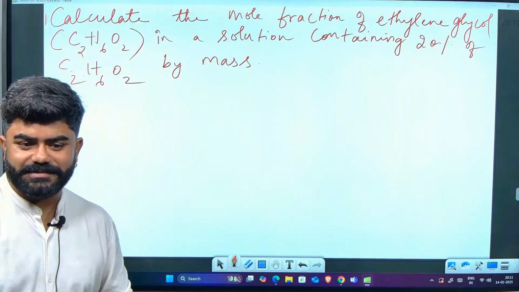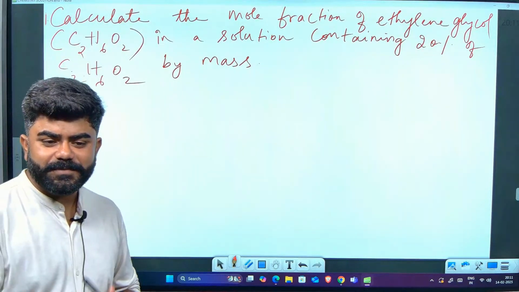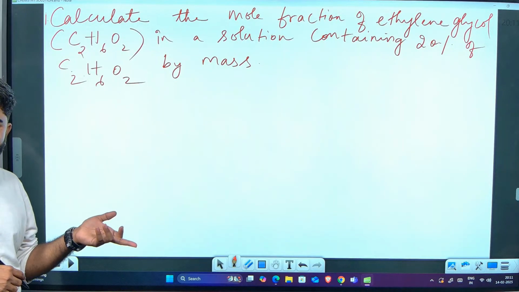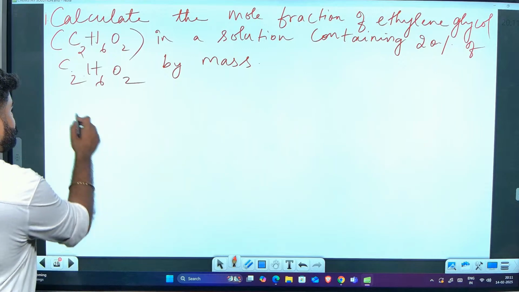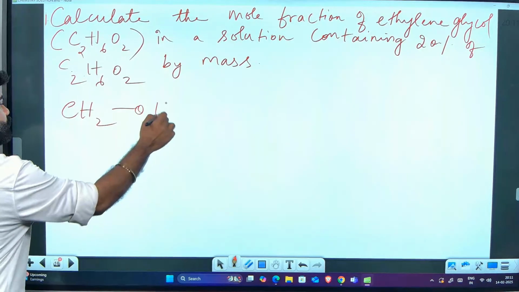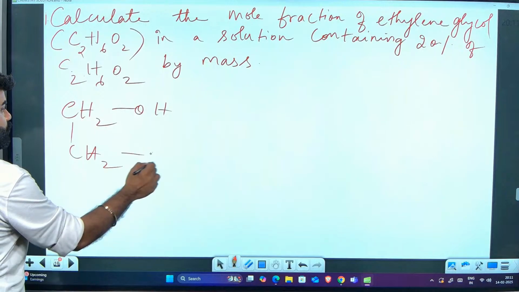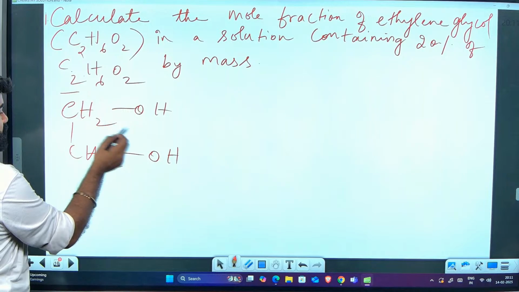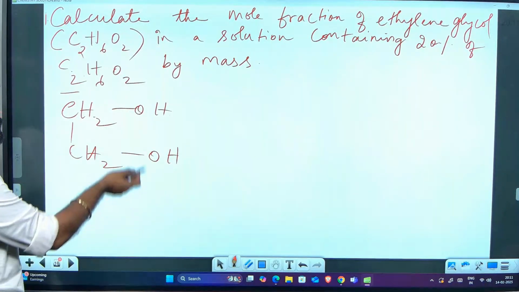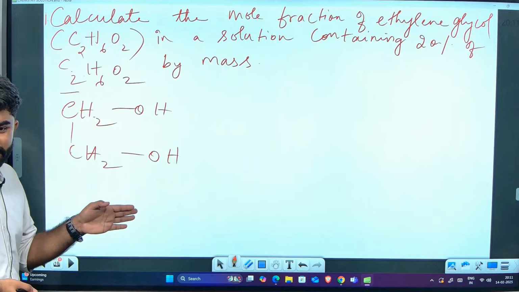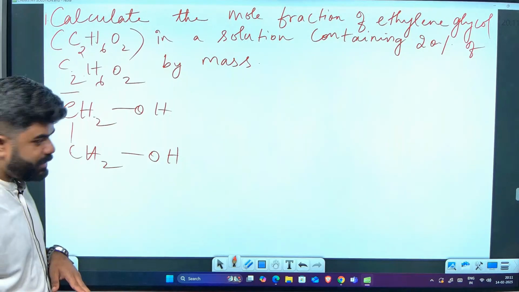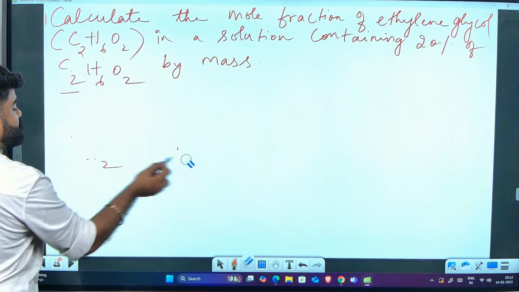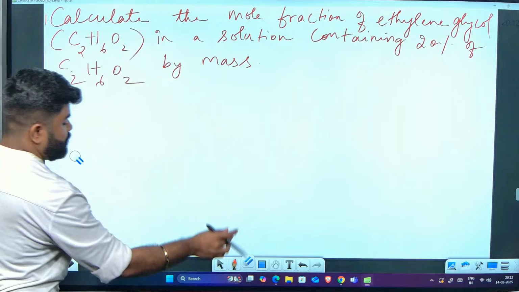It's CH2OH. It's a dihydric alcohol. Correct? It would be like this. The molecular formula matches, C2H6O2. This is your ethylene glycol, a dihydric alcohol basically. Now our concern is not about the structure. I just wanted to check whether you are aware.